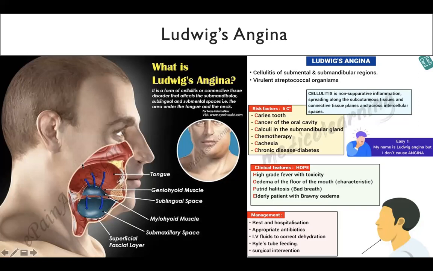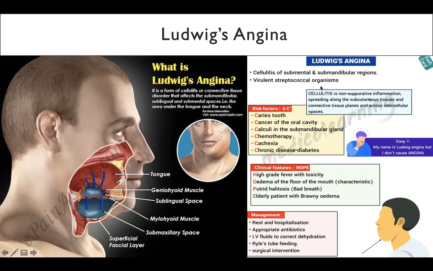This area can cause cellulitis, and the connective tissue is involved. When the connective tissue is involved under the area of the tongue and the neck, the cellulitis is there. This is known as Ludwig's angina. So cellulitis of submental, submandibular, and sublingual regions.